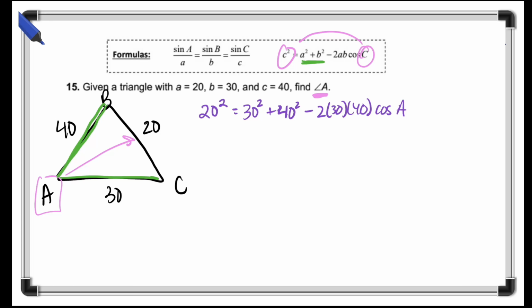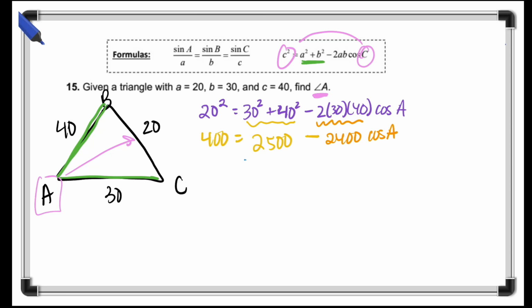All right, so we're going to have to do some math here. This is 400 is equal to, this is what we're going to add together first. That gets you 2,500, and then minus, and then you are going to multiply these numbers. That's 2,400, and then cosine of angle A.